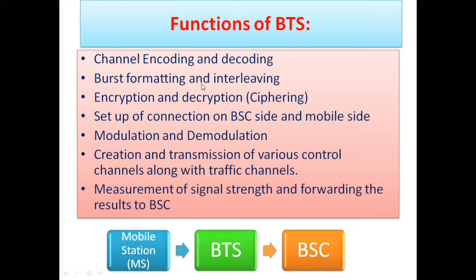user equipment. Another important function is interleaving. Interleaving is done because it is an air interface, to avoid the loss of information in the media. The bits are interleaved such that whenever any loss of information takes place, it will not be continuous bits that are lost.